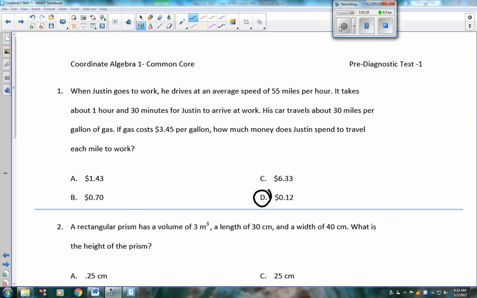The reason why it's D is because we're told that he spends $3.45 per gallon.